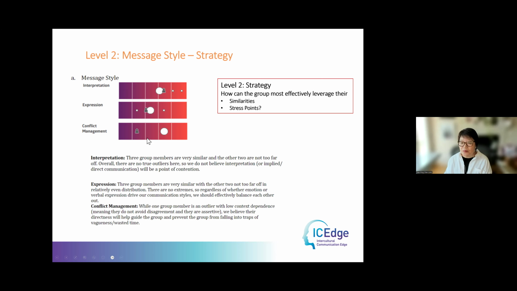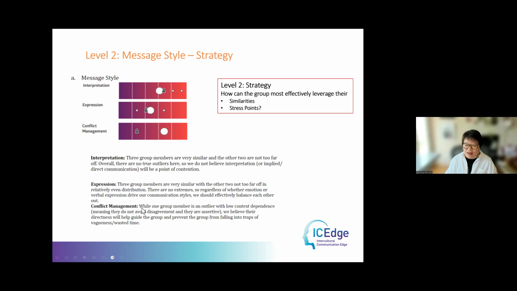And then on the third component, this is about conflict management, whether you are willing to face the conflict, you're not afraid of conflict, you want to deal with the conflict. That is this person. And the majority of people are on the conflict avoidance side, harmony is more important. So they did this analysis themselves, in terms of interpretation, as I just explained, and expression and conflict management.